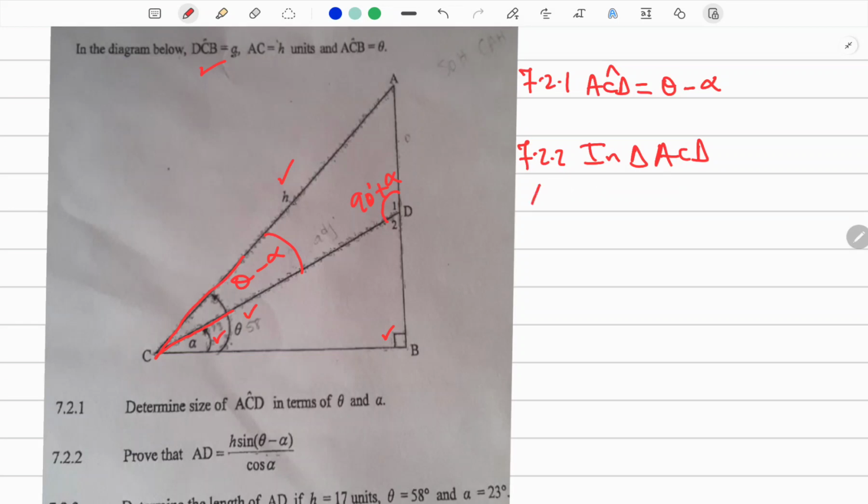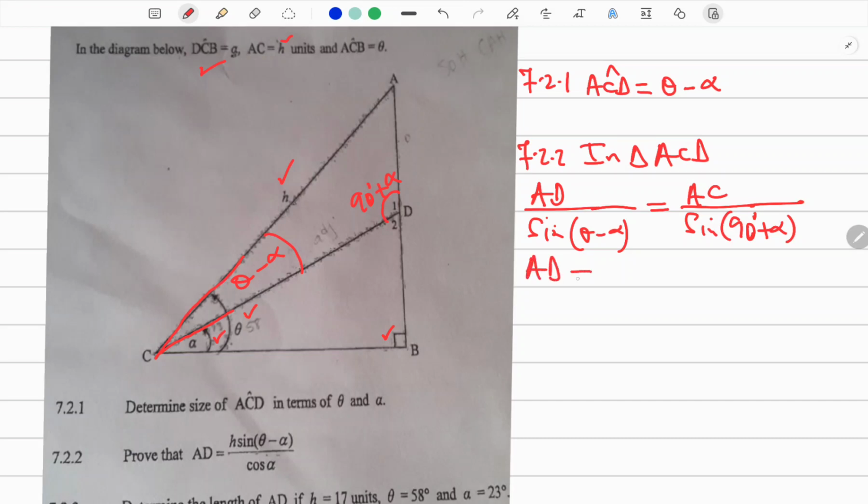We shall have that AD over the sine of the angle opposite, which is theta minus alpha, is also equal to AC over the sine of the angle opposite, which is 90 degrees plus alpha, since you've been told that AC is H. When you cross multiply, AD equals H sine of theta minus alpha, all divided by sine of 90 degrees plus alpha.